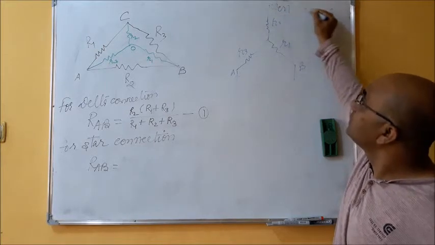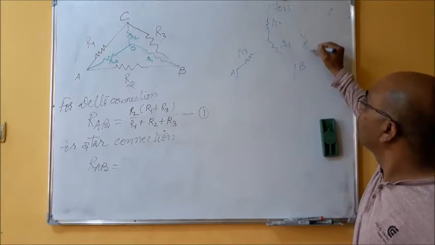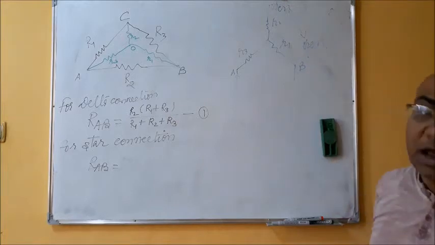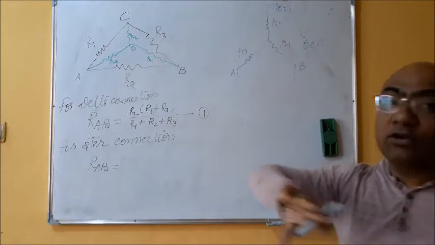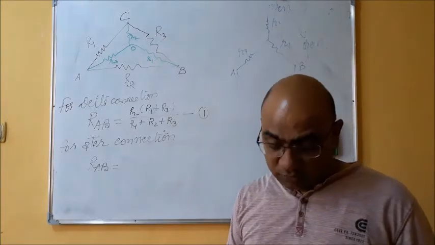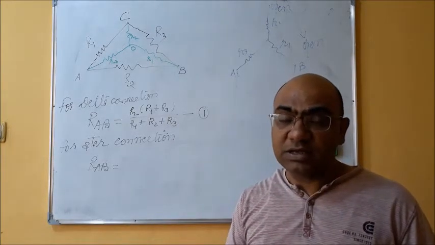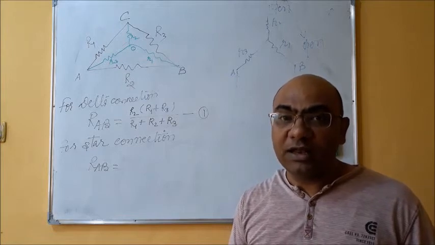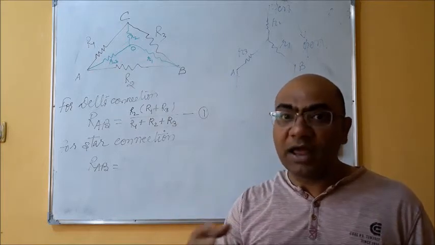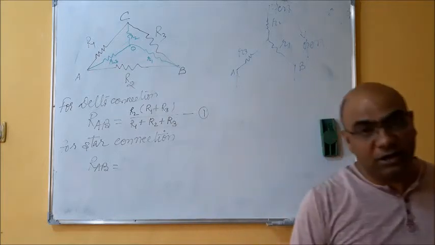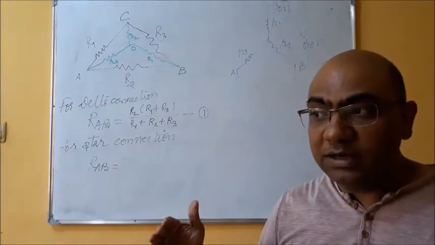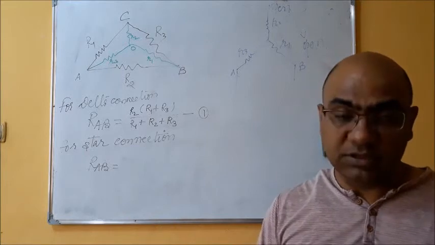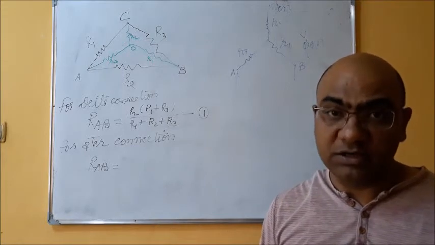This branch is open. So if this branch is open, this means the current will not flow in the open branch, because in my previous lectures I have told you that whenever we are applying Kirchhoff's current law, the current will not flow in an open circuit, open branch, right?